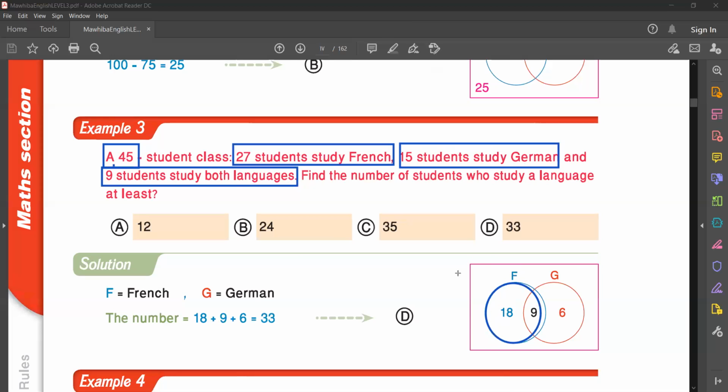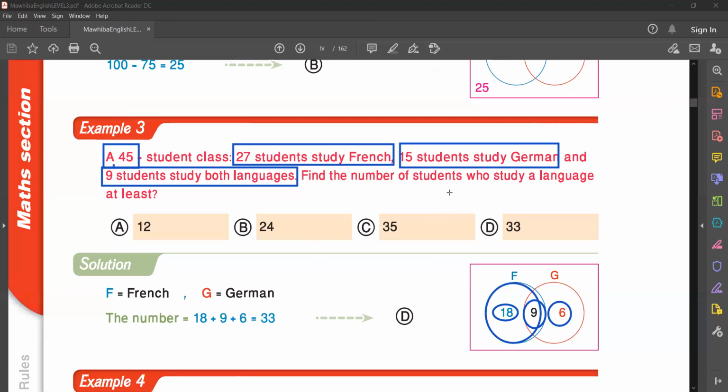And we also have 9 students who study both languages, so you put 9 here, and 15 students for German. What is the remainder from 15? 15 minus 9 is 6, and 27 minus 9 is 18.